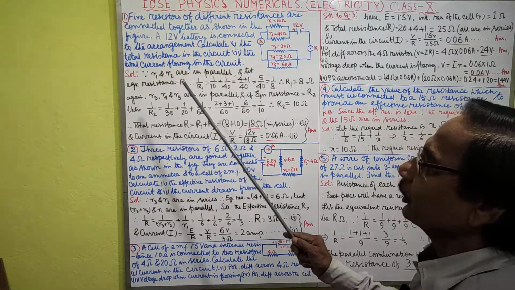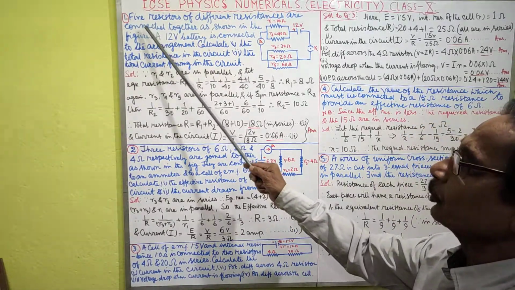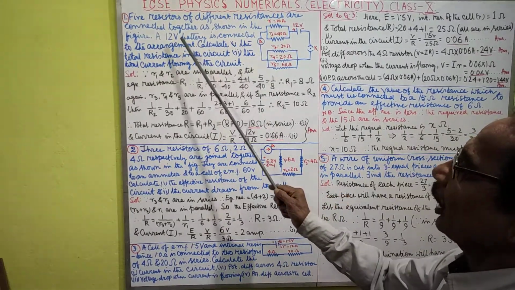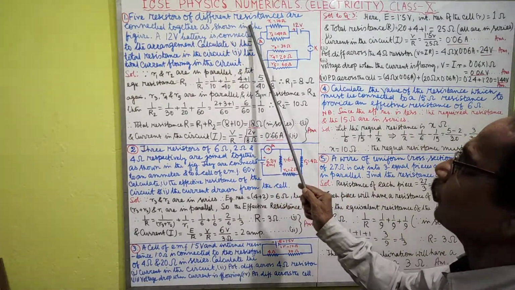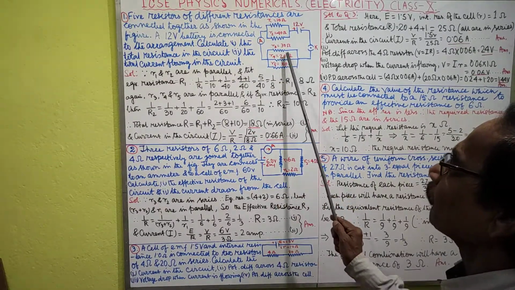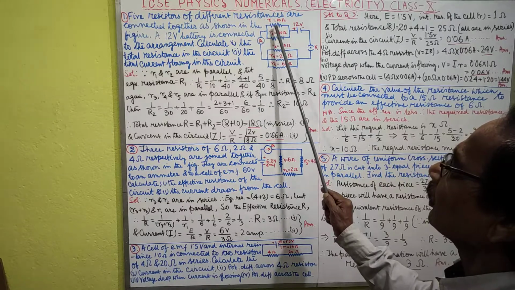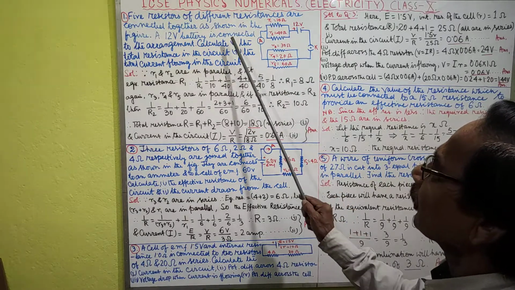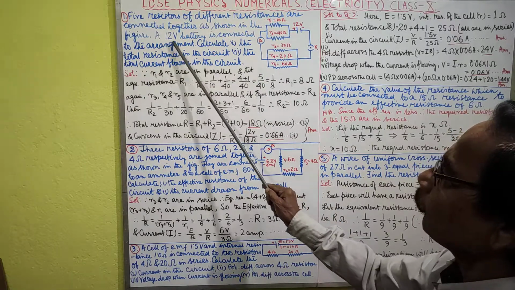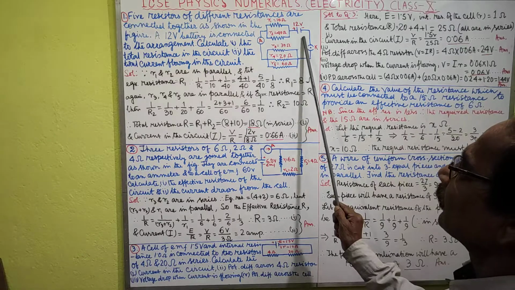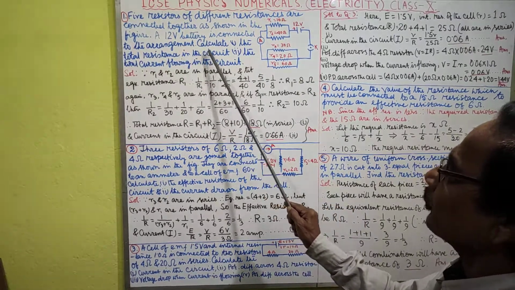The first question is this: 5 resistors of different resistances are connected together as shown in the figure. 1, 2, 3, 4, 5. A 12-volt battery is connected to the arrangement.